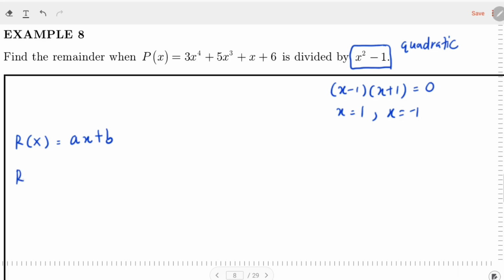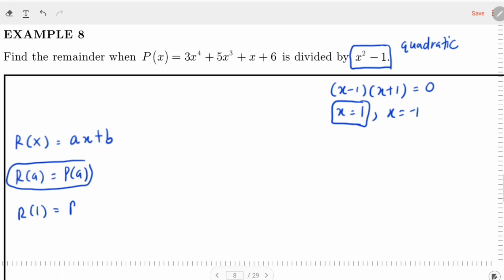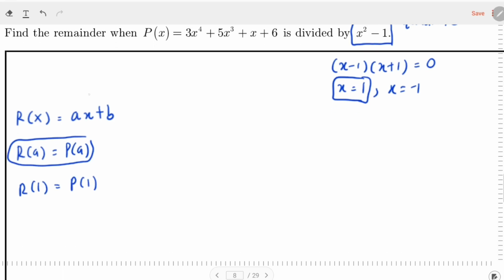After that, we're going to use the remainder theorem. Remainder theorem states that R(a) will be equal to P(a). And since our first value of x is 1, we're going to substitute 1 into both of the equations. When we substitute 1 into the remainder, we're going to get a multiplied by 1 plus b.